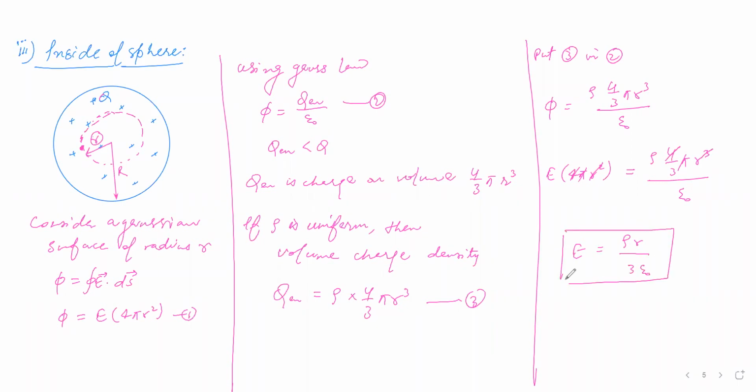This is your value of electric field for radius small r inside this sphere in terms of density rho. Are you clear or not? Yes, sir. Okay, note it down, please.